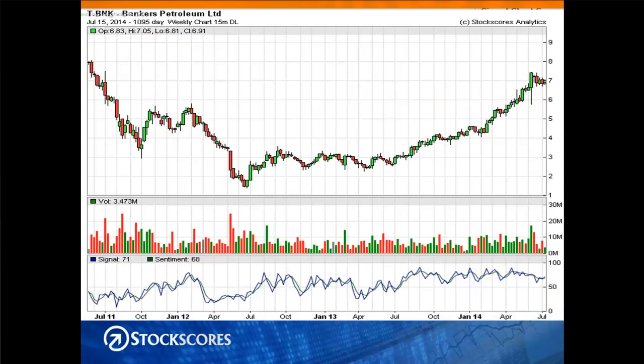The first example is a stock listed on the Toronto Stock Exchange called Bankers Petroleum. And I want everyone to sort of focus in on where my arrow is here. Actually, I'll take out my little drawing tool here. Right in here on this particular day, or this is actually a weekly chart. So in this particular week, that stock made a statistically significant abnormal price gain, and volume was higher than the previous 4 weeks.